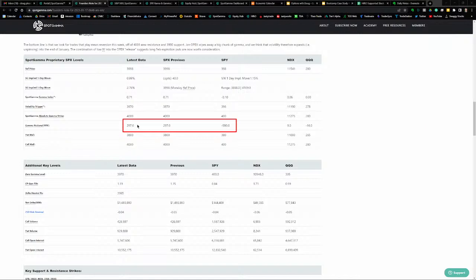So as price increases, they have to sell futures, and as price drops, they have to buy futures to hedge their delta exposure, and that tends to reduce volatility. So that's one of the primary reasons I'm looking for a smaller trading range this week.